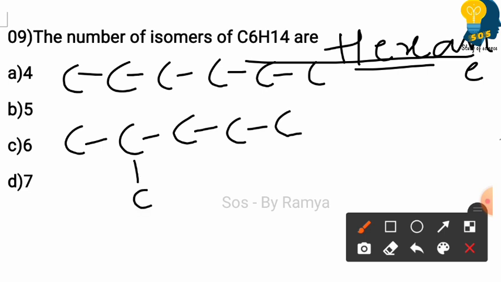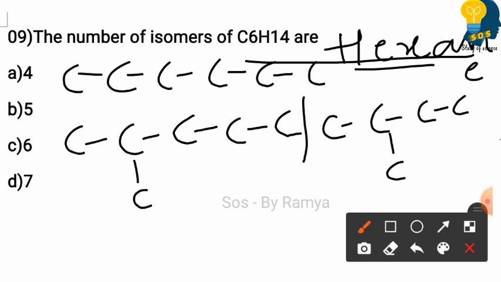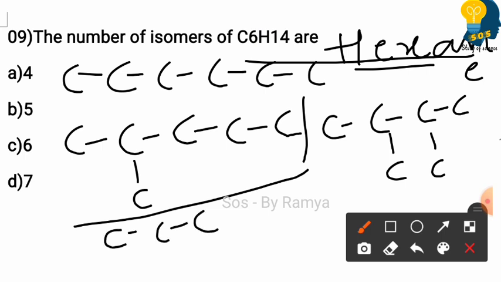This is the second format, and the third format will be 1, 2, 3, 4, 5 and then 6. So this is the third format, and the fourth format will be 1, 2, 3, 4 and 5, with a carbon above or below on any carbon.